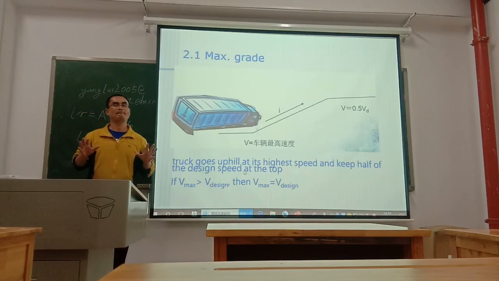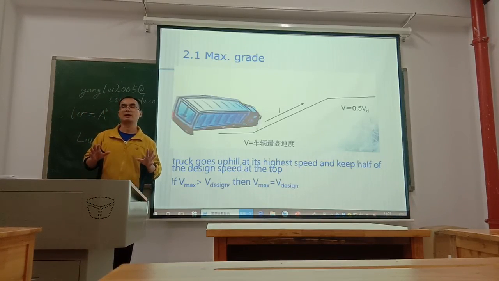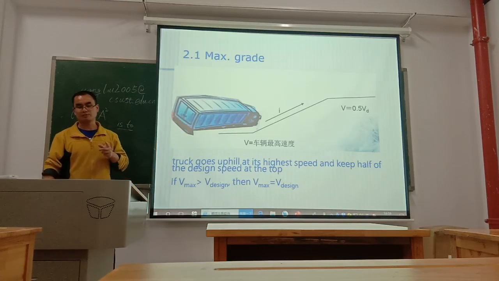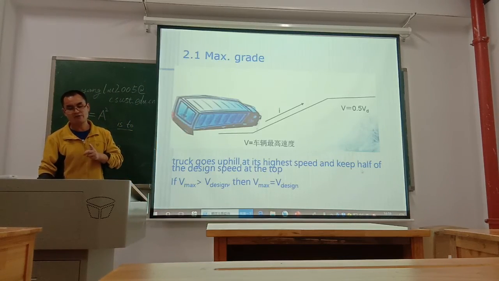It is the condition for grade design. The truck must keep half of the design speed at the top. If Vmax is greater than V design, then Vmax is equal to V design.